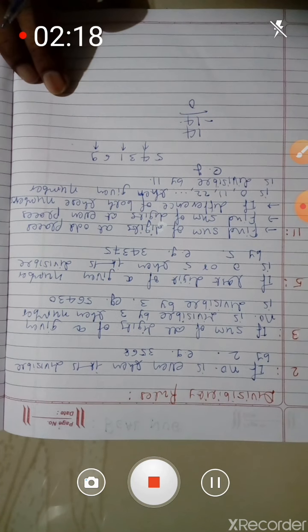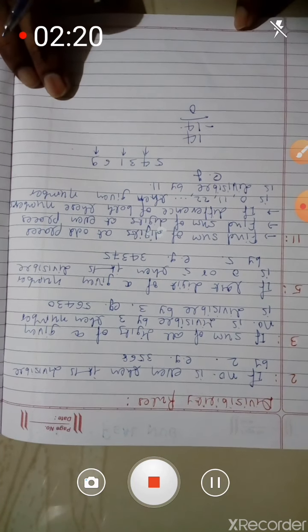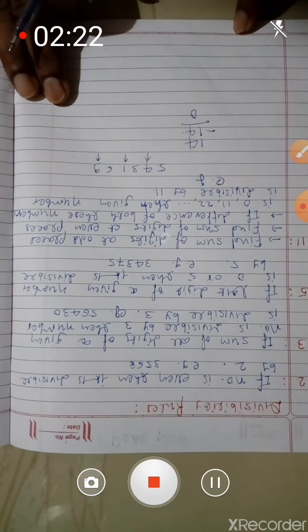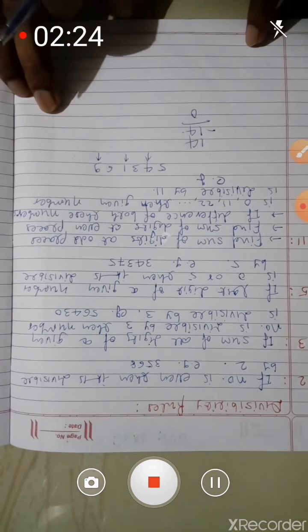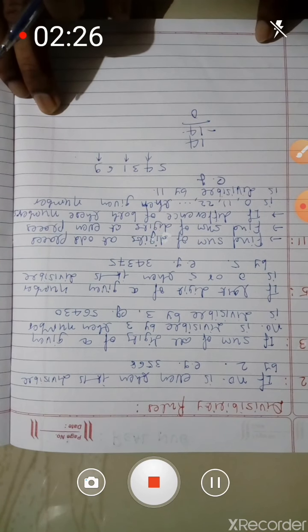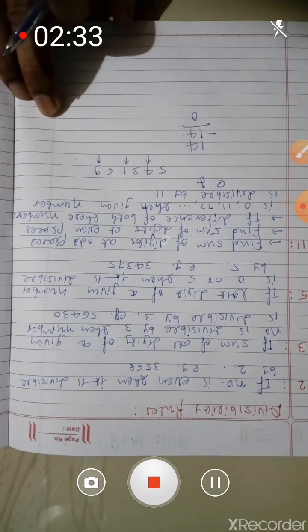So remember this rule. Now number 5. If the last digit of a given number is 0 or 5, then it is divisible by 5. It is again simple, just like 2. The last digit must be 0 or 5, and only then is the given number divisible by 5.